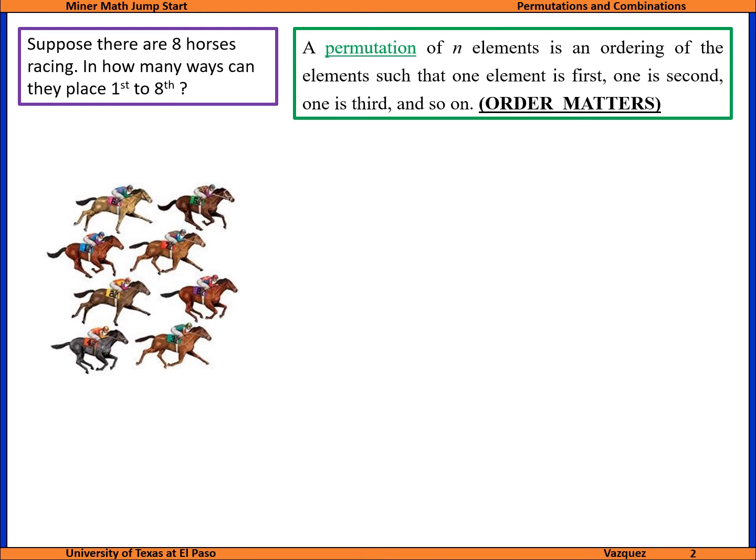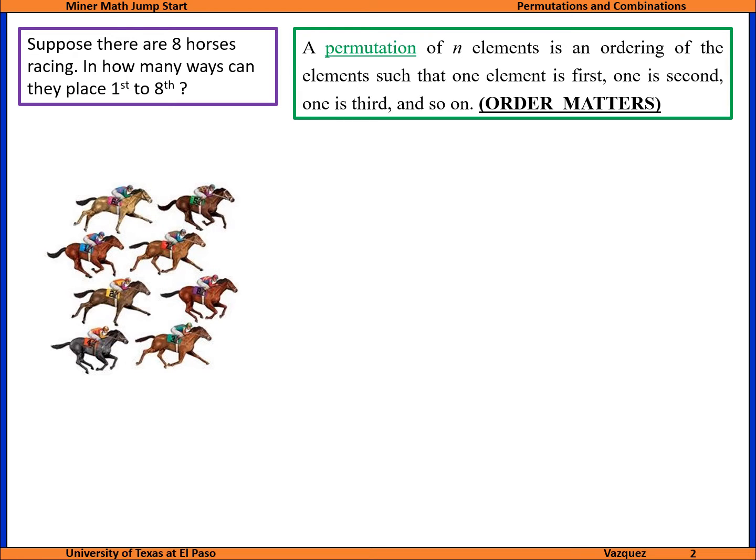Well, say for example, there were 8 horses in a race, and we wanted to know how many different ways can they place from first to eighth. First, second, third, fourth, so on and so forth. How many different ways? Well, in this case, order matters because we care about who's first, who's second, who's third, who's fourth, who's fifth, so on and so forth.